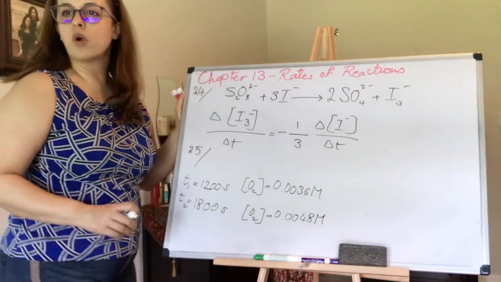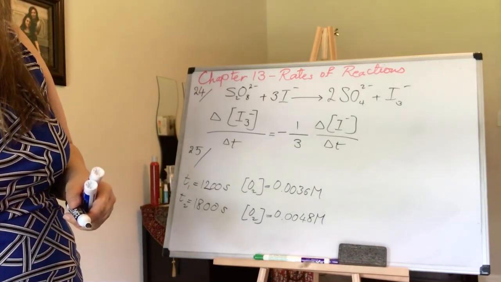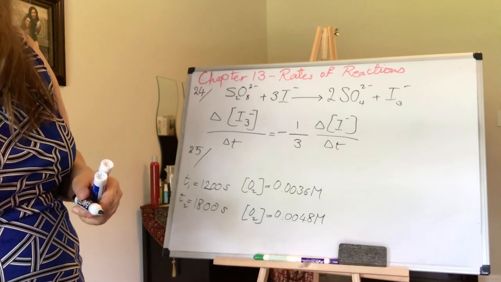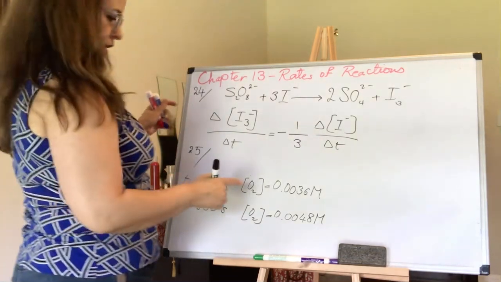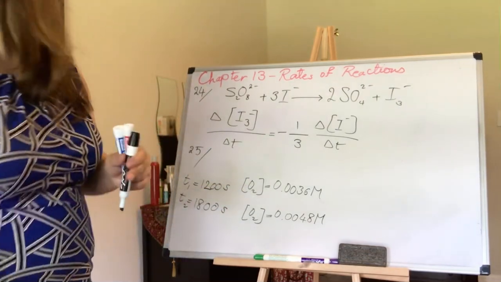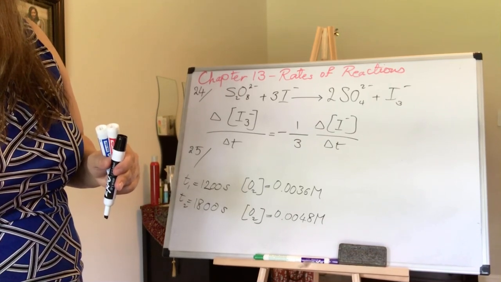Then we are supposed to find the average rate of formation of oxygen in the following reaction during this change. They were supposed to give you the reaction, but it's missing.